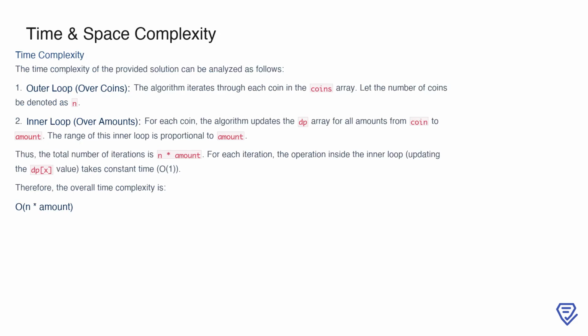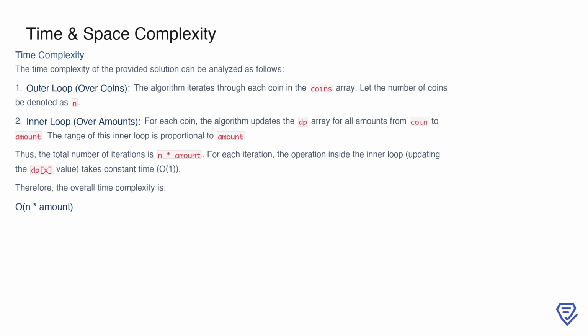The final answer depends on the result stored in dp[6,249]. To analyze the time complexity of our solution, let's first break it down into its key components. The outer loop iterates through each coin in the given coins array, so the number of iterations here equals the number of coins, denoted as n. Within this outer loop, there's an inner loop that processes amounts ranging from the value of the current coin up to the target amount. The number of iterations in this inner loop is proportional to the amount.